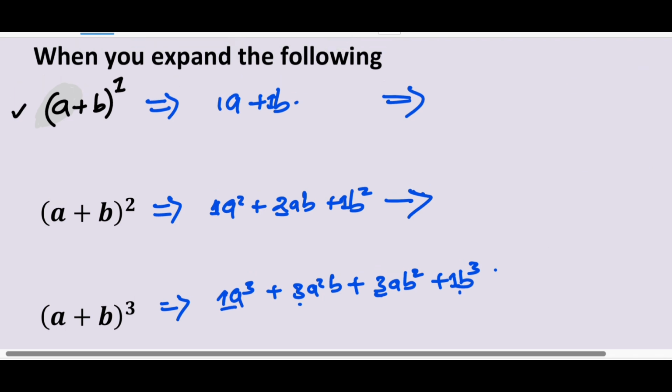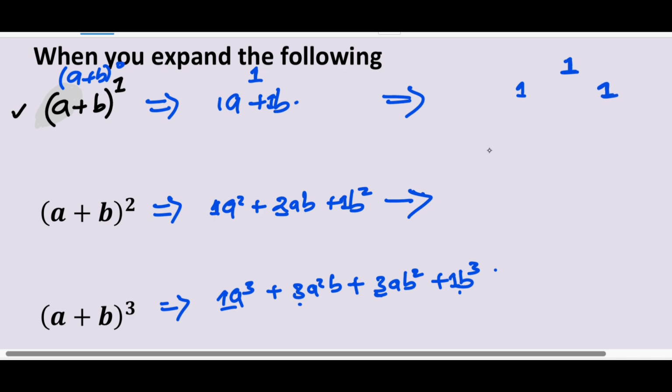If we had started with a plus b raised to power 0, we know that a number raised to power 0 gives you 1. So if we started from power 0, power 1, power 2, as we move forward, the first one is 1, the next is 1, 1.